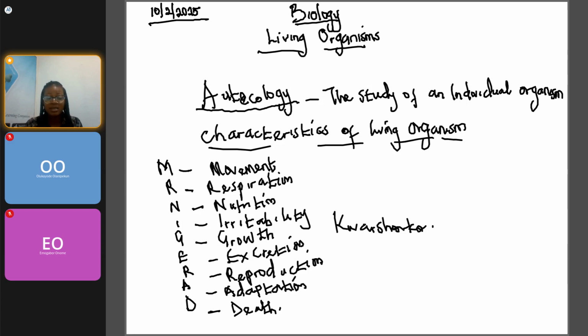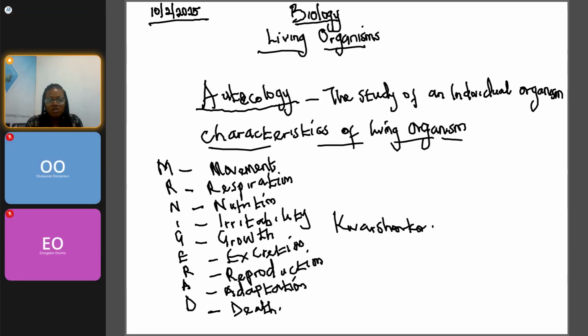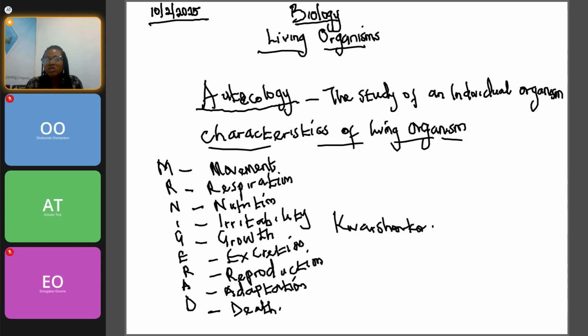And then we move to adaptation. Adaptation is the process whereby you adjust to your environment. For instance, this period here in Nigeria, presently we are experiencing heat. Even for those that do not like heat at all, they need to adjust to the heat period.